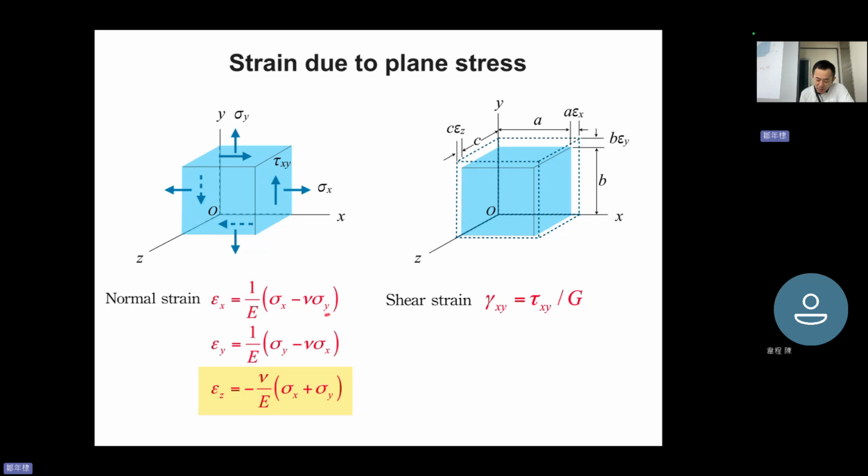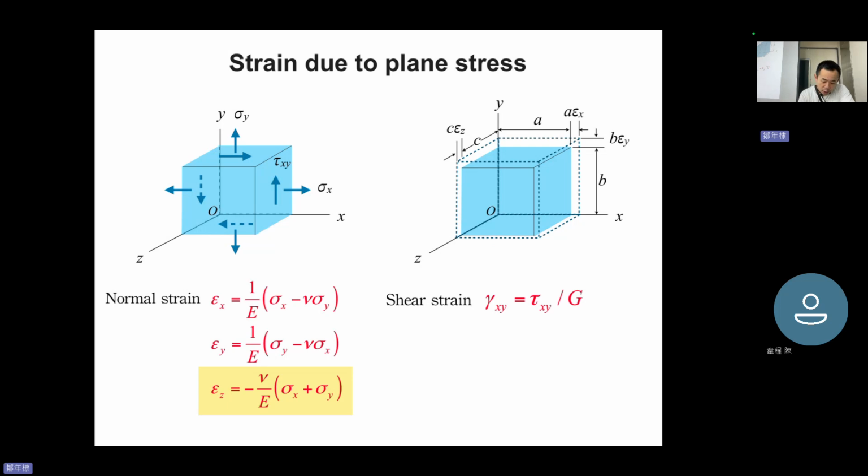Sigma y divided by E is the strain along the y direction, but if you multiply by minus nu, the Poisson ratio, it is the contribution that reduces the length in x. So sigma x has a positive contribution, but sigma y has a negative Poisson ratio contribution. The same story applies to epsilon y.